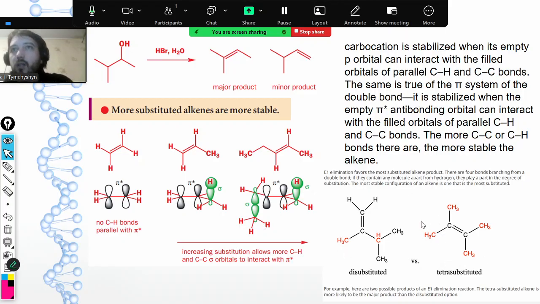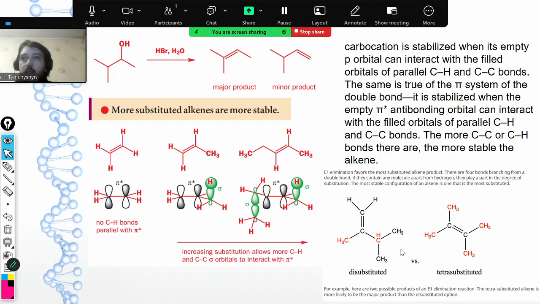So here's once again an example. E1 elimination favors the most substituted alkene product. There are 4 bonds branching from the double bond, and if they contain any atom apart from hydrogen, they play a part in the degree of substitution. So the most stable configuration of an alkene is the most substituted one.